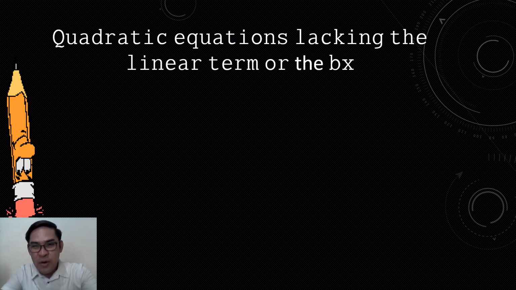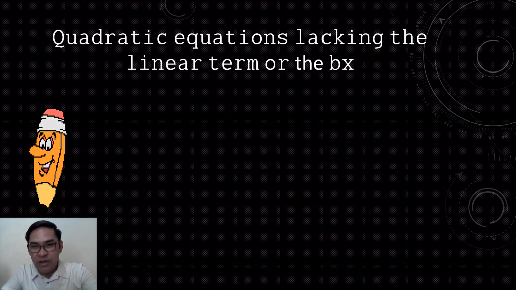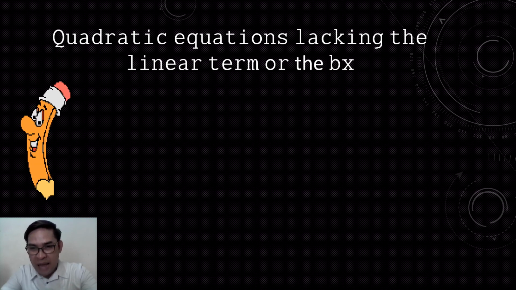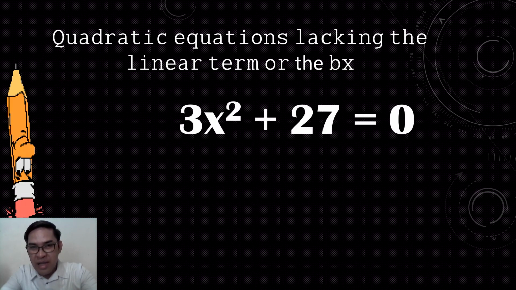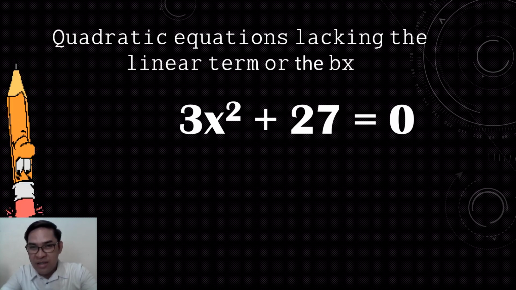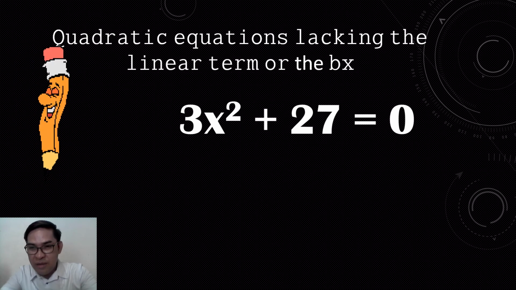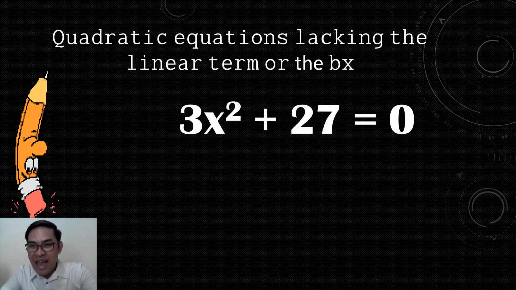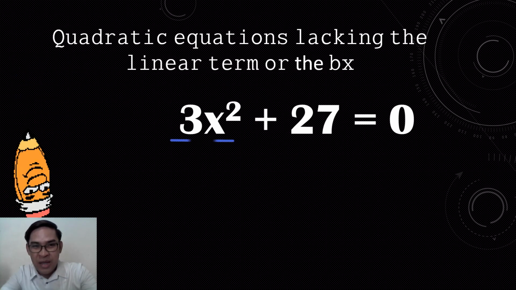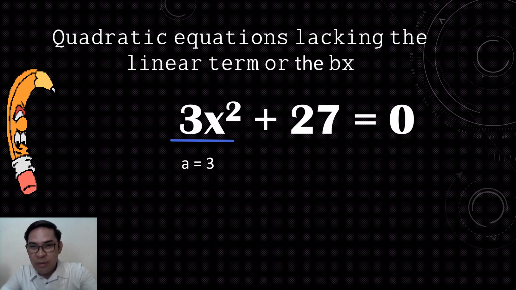Let me give you an example of a quadratic equation lacking the linear term, or the bx. We have 3x squared plus 27 is equal to 0. Can you identify the value of a, b, and c here? Alright, let's try. a is equal to 3.